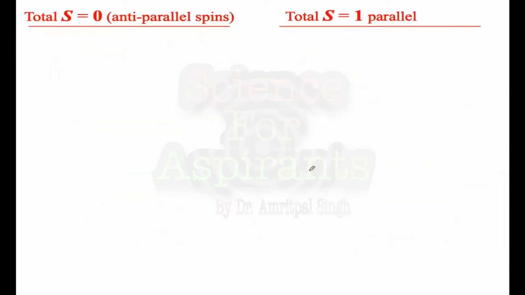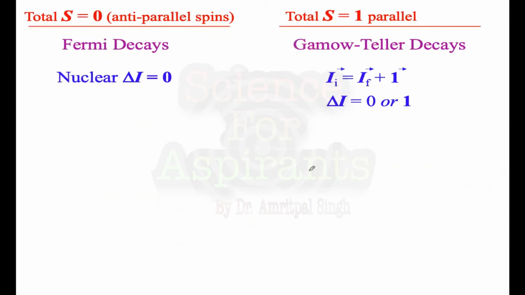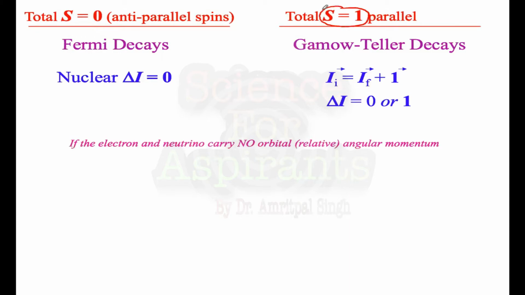So if the spin is anti-parallel, it is governed by the Fermi rule. And if the total spin is equal to 1, with the electron and anti-neutrino having parallel spin, then it is a triplet state transition whose delta I value is equal to 0 or plus or minus 1.